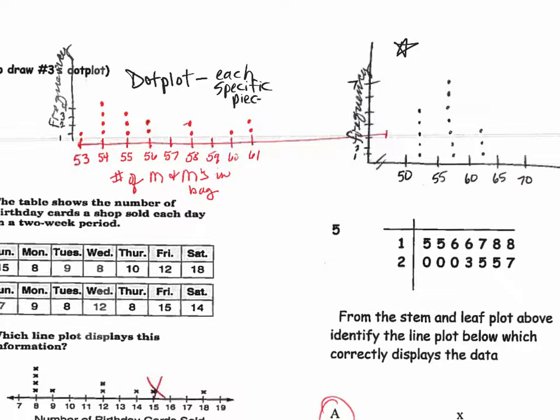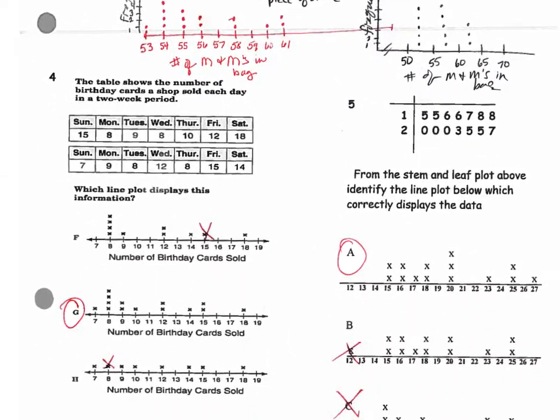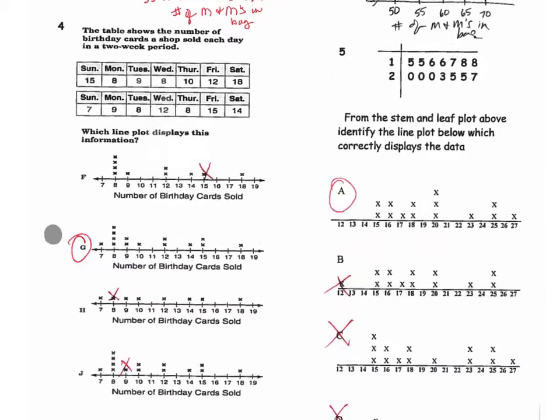So I wanted to correct that since I had indicated the way that we did this histogram. So whichever way you had done that, do make sure that you label each specific piece of data. All right. Then number 4 was G and number 5 was A.